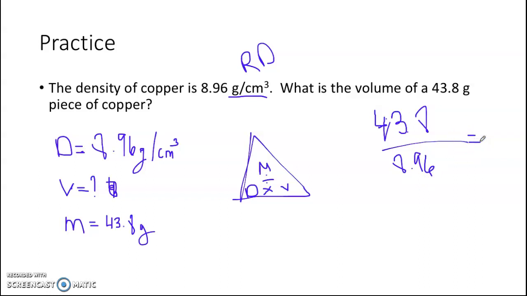And when I do 43.8 divided by 8.96, I get 4.88 as my volume. The easiest way to check this is to multiply, or do mass divided by volume, to see if you get the density that they gave you in the problem. If you have any questions, I hope to see you during the live session so you can ask them.